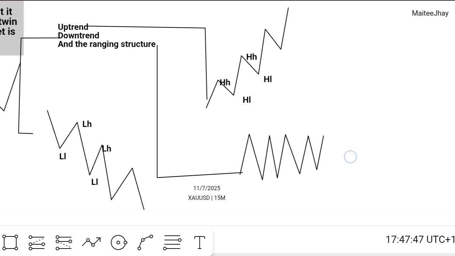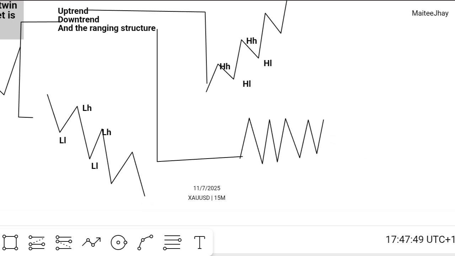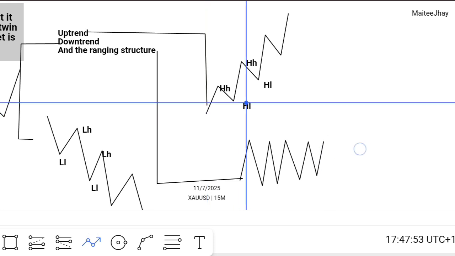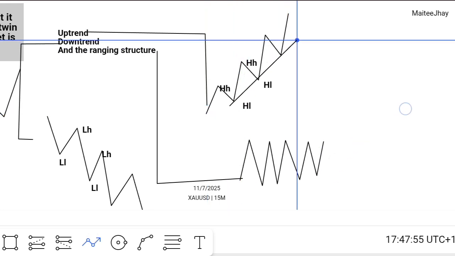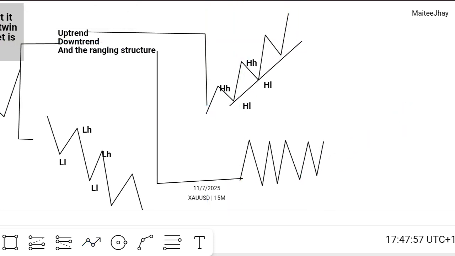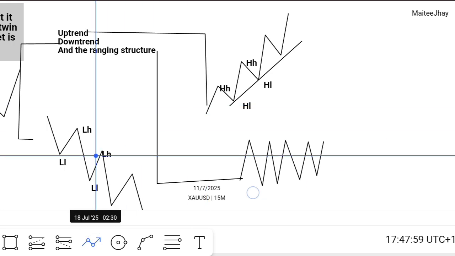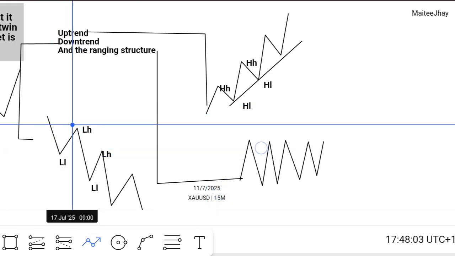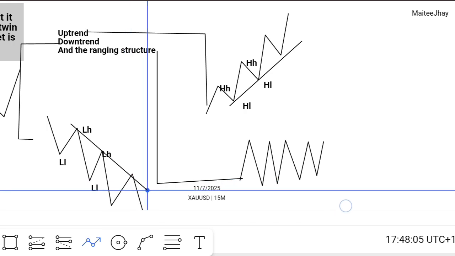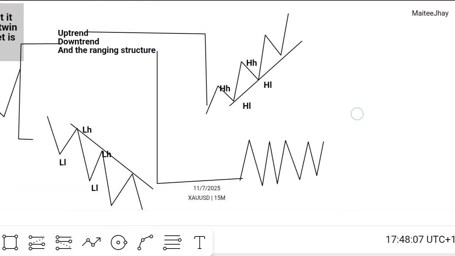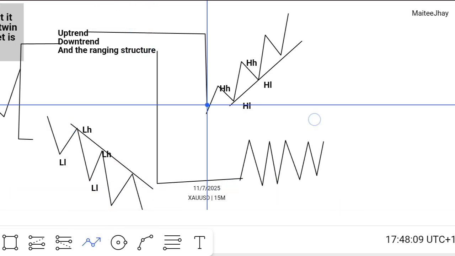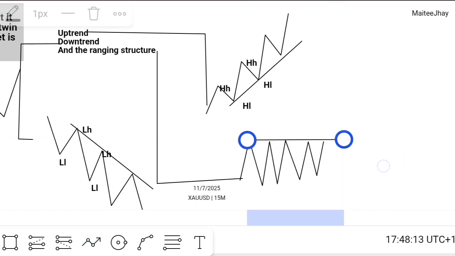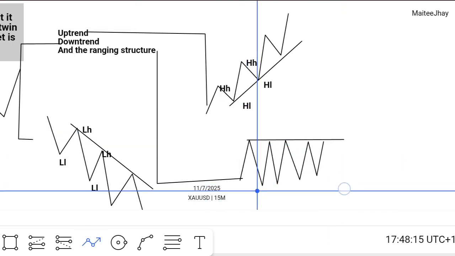So this is it for the ranging market. So this is an uptrend like this, and then this is a downtrend, this is a downtrend like this, and then this is our ranging market like this.